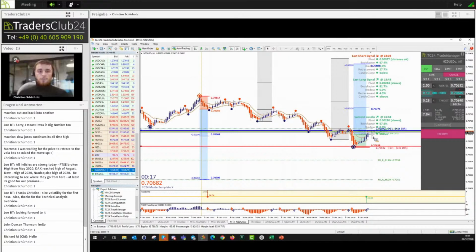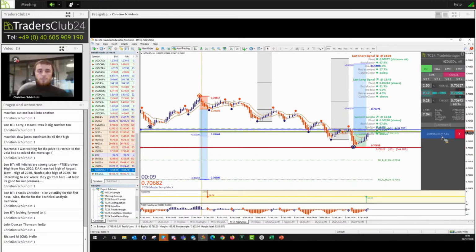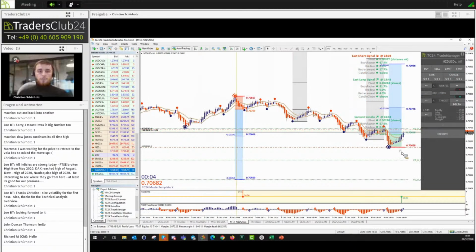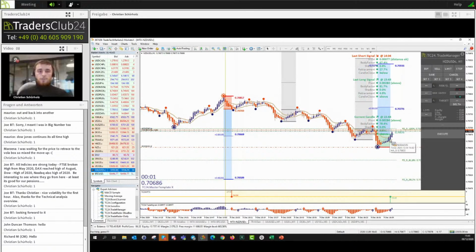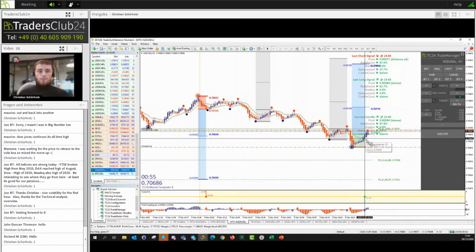Missed our opportunity here. Entry was just over there. Set 4. Bring this in for a late buy. So our signal candle was just here. So we came a minute and a half late.